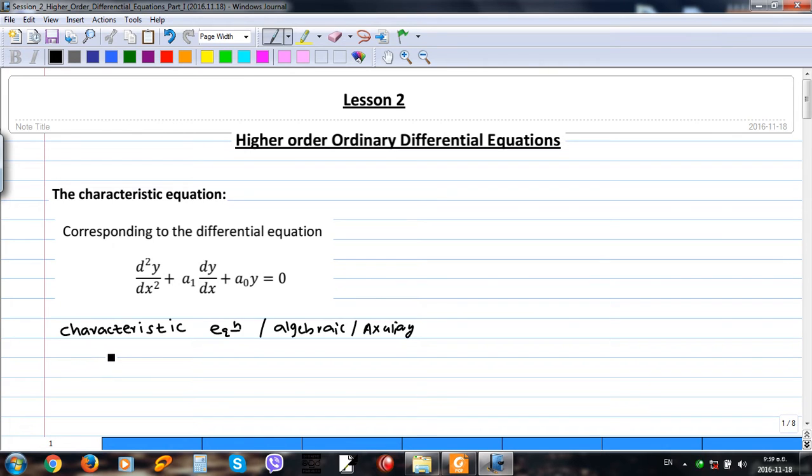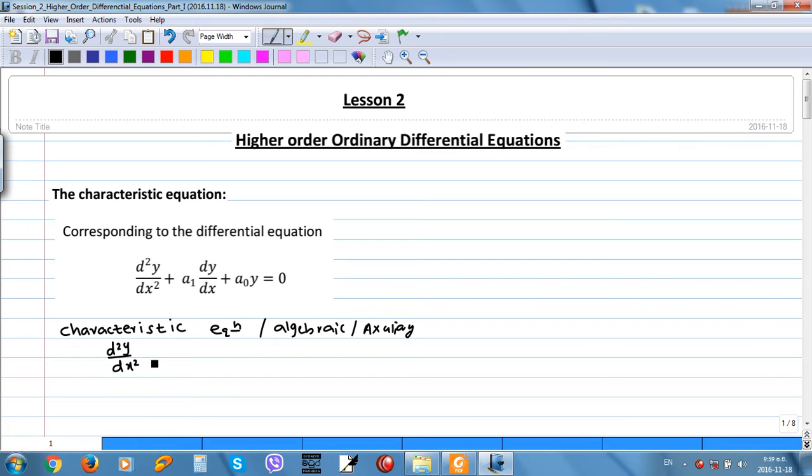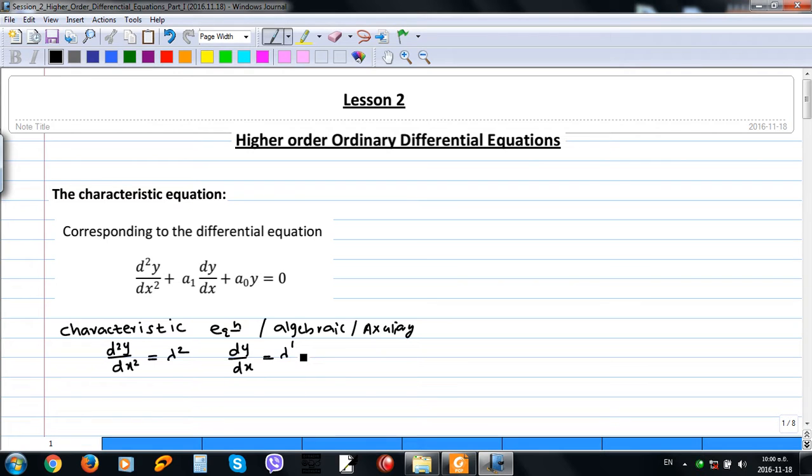All are the same. So here we can take d squared y over dx squared as lambda squared, dy by dx as lambda to the power 1, and y as lambda naught, which is actually 1, so that is a naught there.